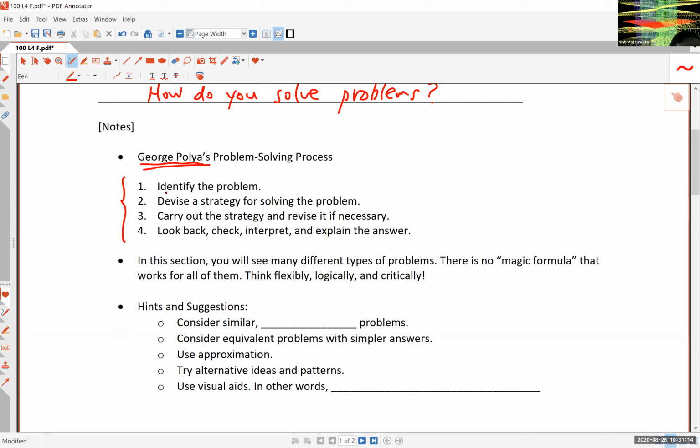First, you have to identify the problem. And you say, well, of course, right? Well, it'll be interesting for you to recognize that many times we stress out because we don't know what the problems are, and so we have to identify what the problem is specifically. And once you have a problem, you can solve that.